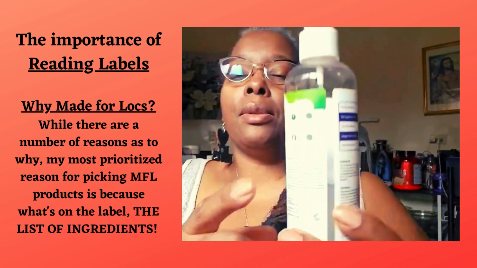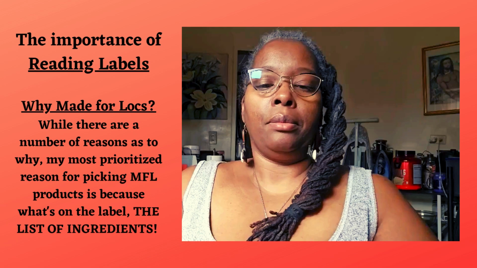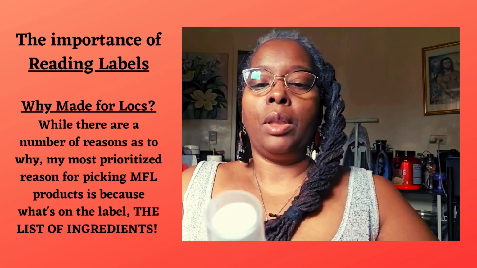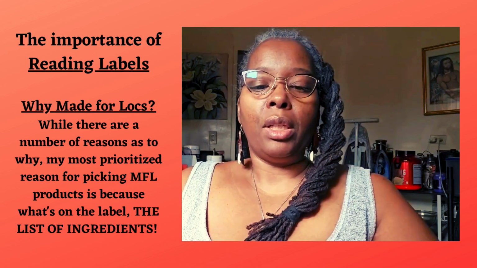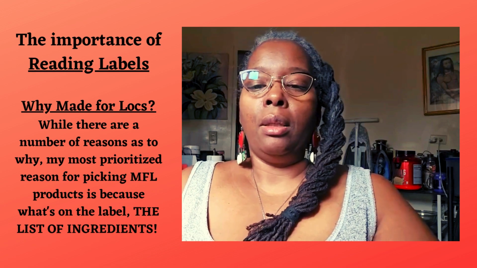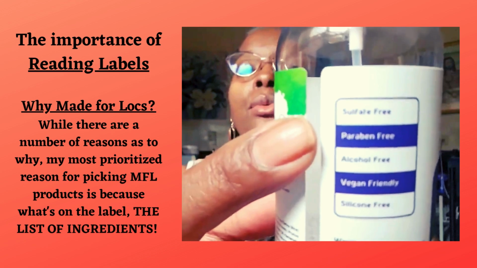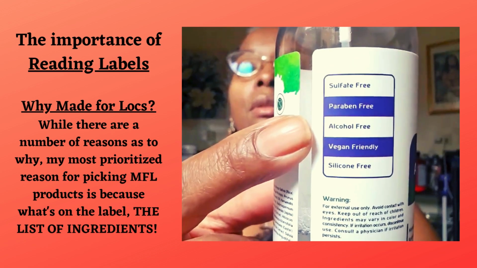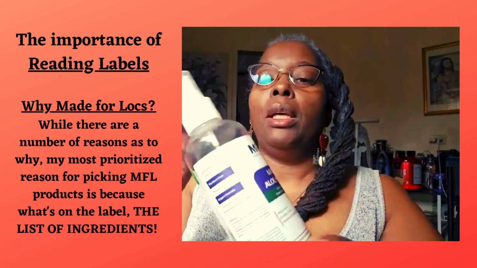Because the ingredients, right? It says no artificial, no animal testing, cruelty free. And then you look over here, it says parabens free, no sulfate, alcohol free, vegan friendly, silicone free.